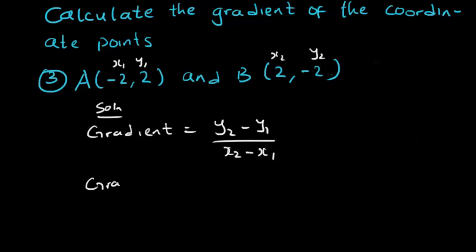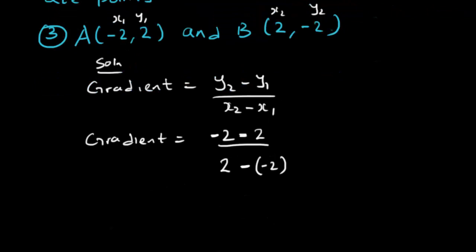Which means gradient equals, our y2 is what? Minus 2, minus our y1 which is 2, all over our x2 which is 2, minus our x1 which is minus 2. So I have to put it in brackets. Is that clear? So we have gradient equals minus 2 minus 2 is minus 4, all over, this would give me 2, minus times minus is plus, so I have 2 plus 2, 4.